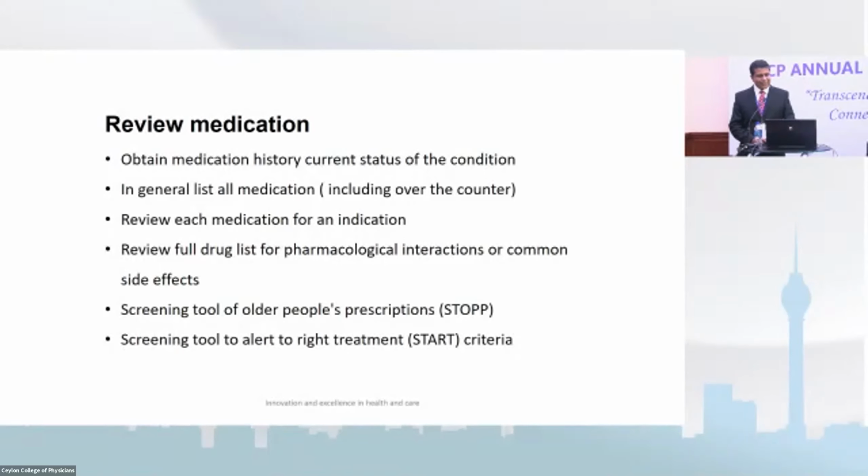First, obtain the medical history and the condition of the current medical issues. Then list all the medicines and check whether they are indicated or not, always document all side effects and interactions, and use stop-start criteria to review whether to start or stop medications.